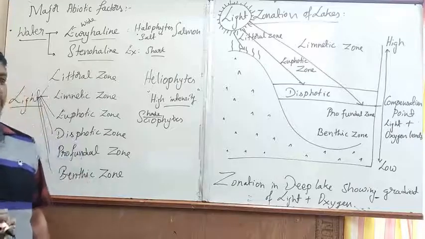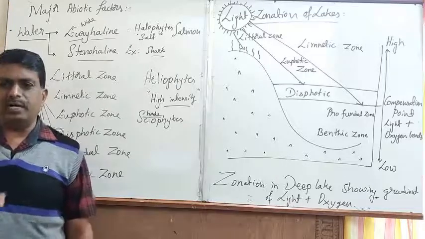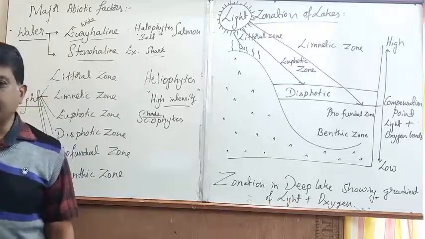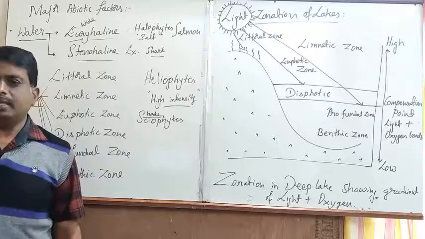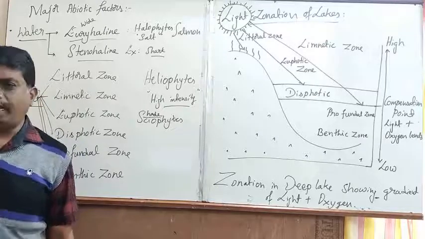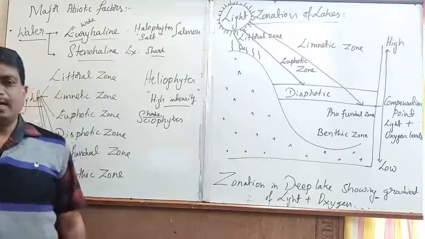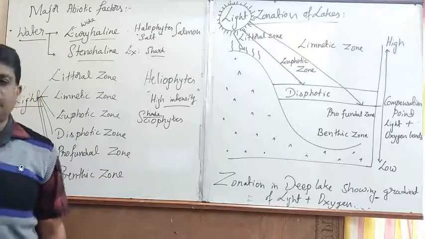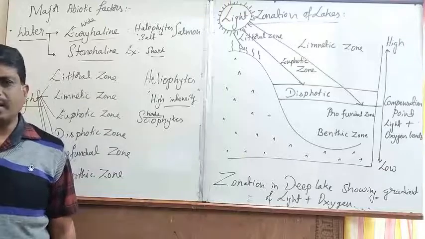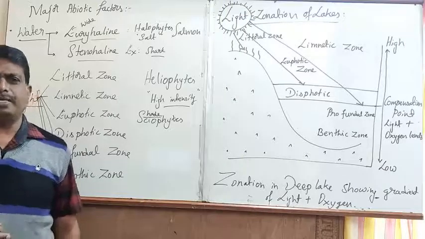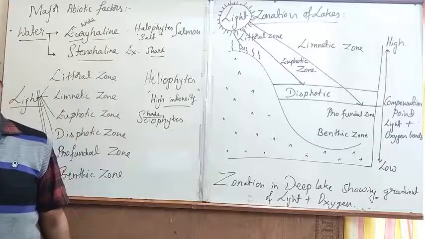With reference to the importance of light to animals, many animals are diurnal in nature, and they exhibit seasonal variation based on the light intensity and duration of the light. It is popularly designated as photoperiod.